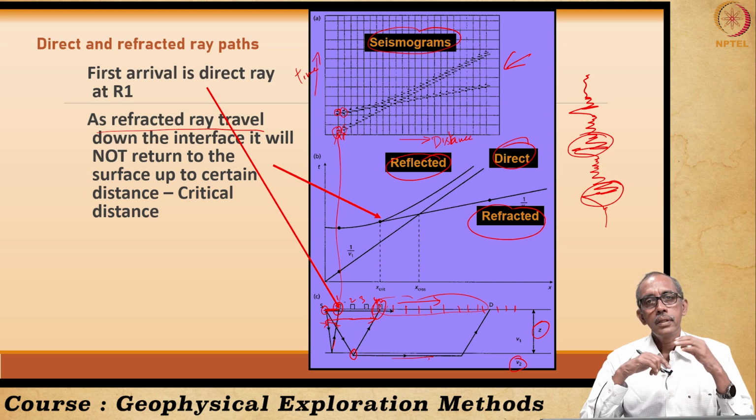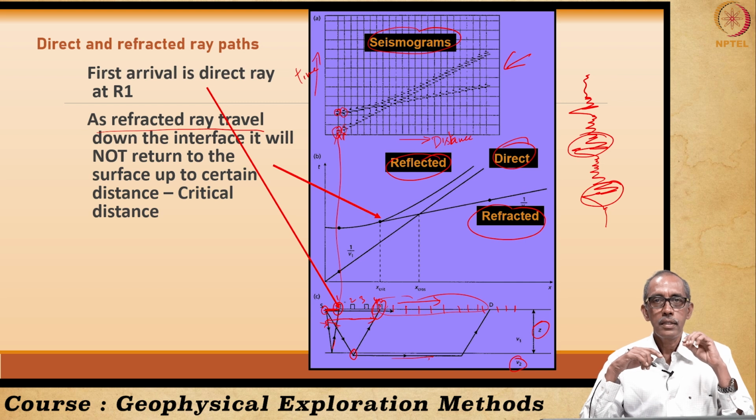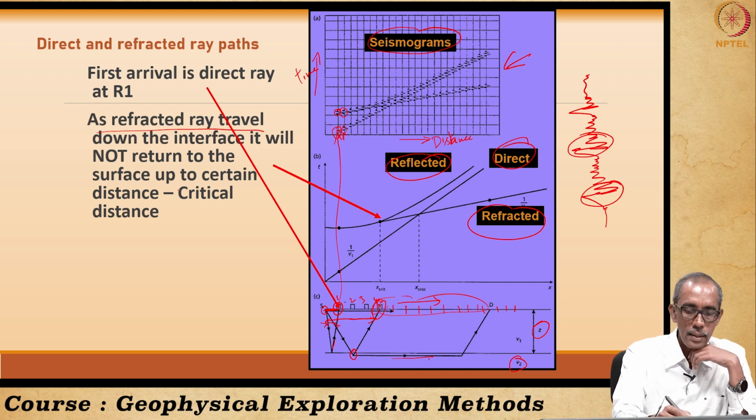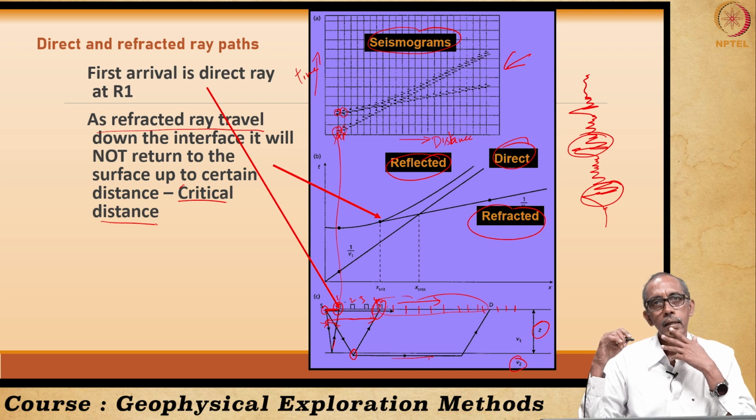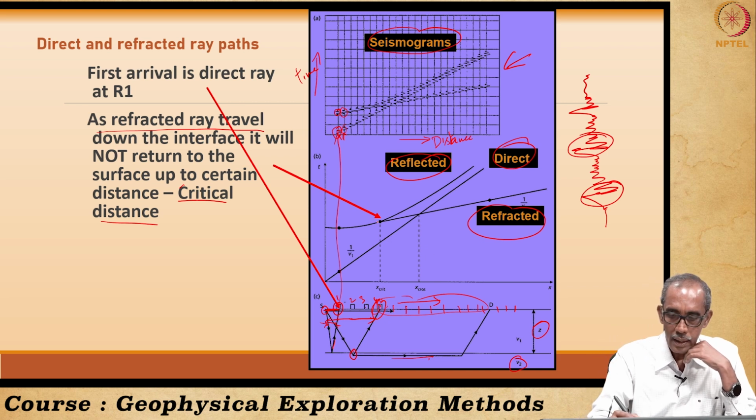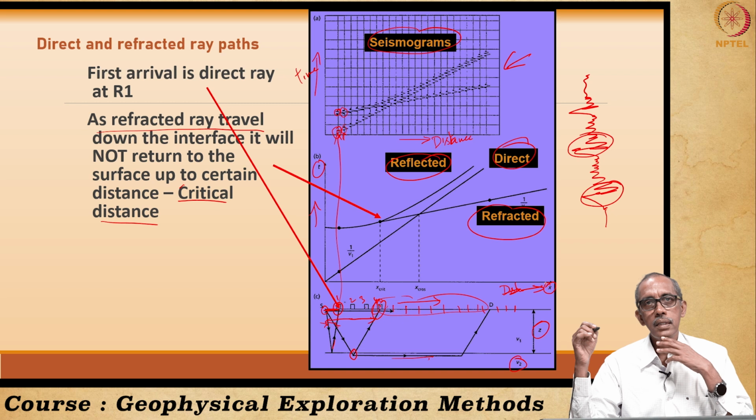Okay. So, this distance in seismic methods we call the critical distance. What is the critical distance? This is a plot of distance versus time, right? Distance versus time, x versus t.